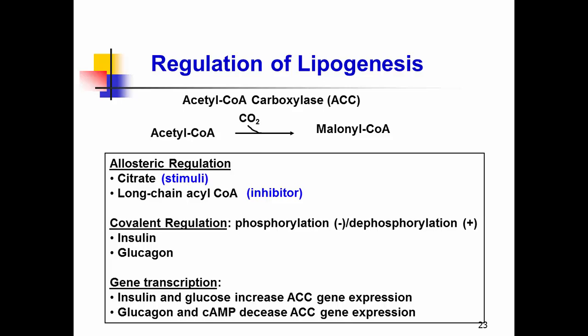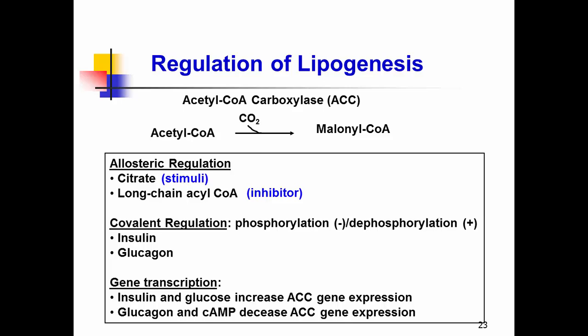And if we want to go into the details of the regulation, we are always interested in the key enzymes in each pathway, right? Because the key enzyme is the place where hormones or other substrates regulate and control the pathway processes. For lipogenesis, the key enzyme is acetyl-CoA carboxylase, ACC.